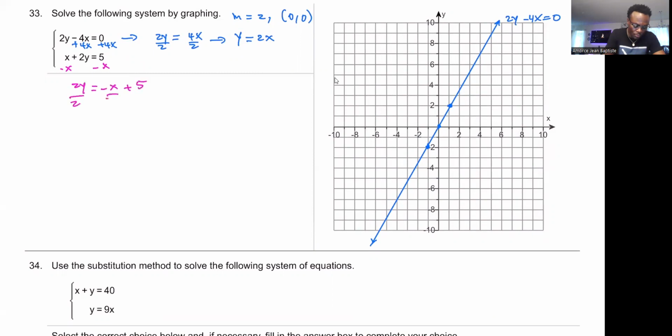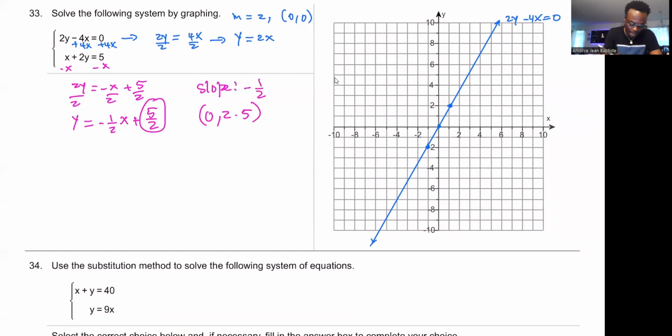Divide by 2. y equals negative 1/2 x plus 5 over 2. So 5 over 2 is 2.5. So your y-intercept is (0, 2.5), and your slope is negative 1/2.